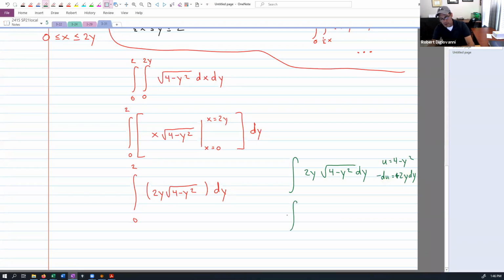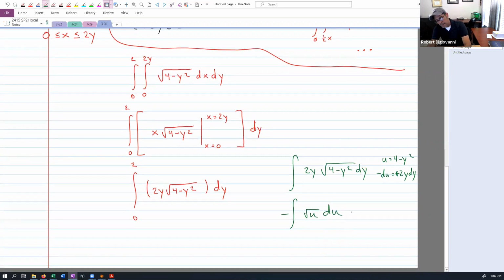So this integral becomes what? This right here is square root of u. And the 2y dy gets replaced with negative du, which is the integral u to the half du.